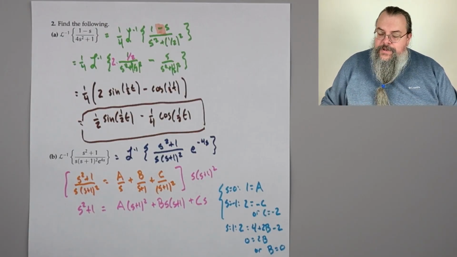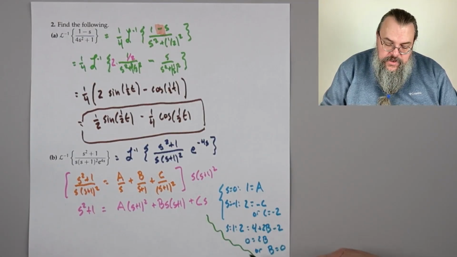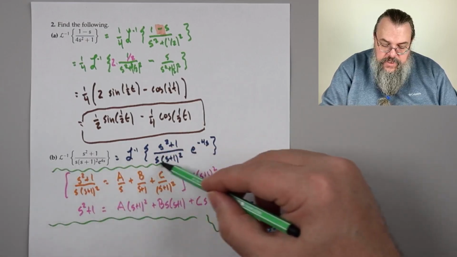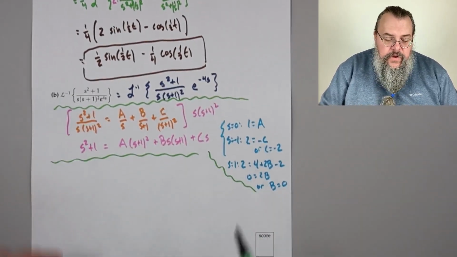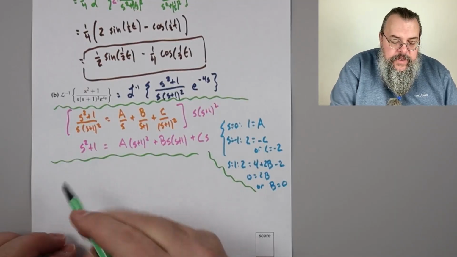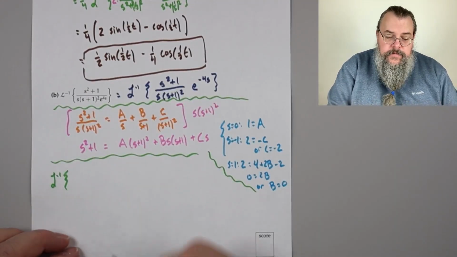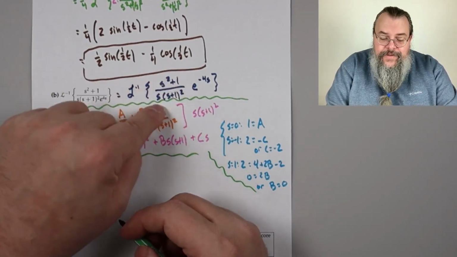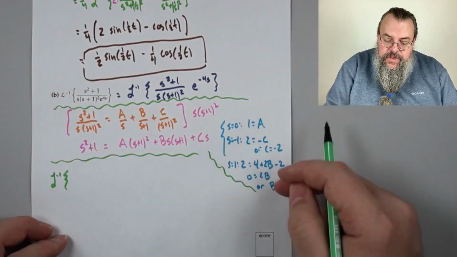Okay, so now let's update where we're at. We finished our detour, if you will, into our partial fractions. So we say, look, this allows us to rewrite this as the inverse Laplace of, and now we're going to replace this s squared plus 1 over s times s plus 1 squared, using this expression with our values for a, b, and c.